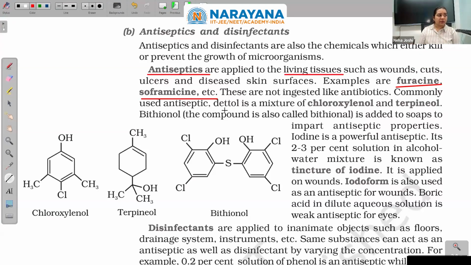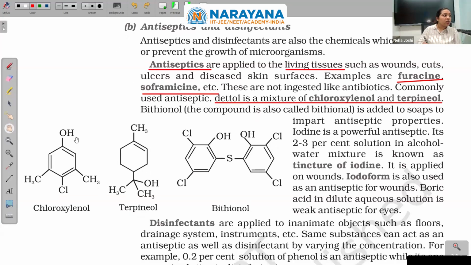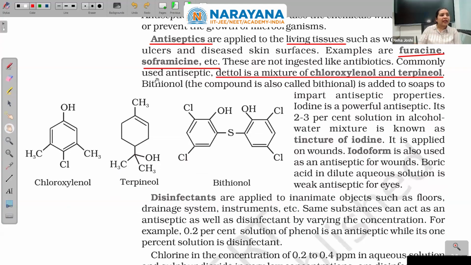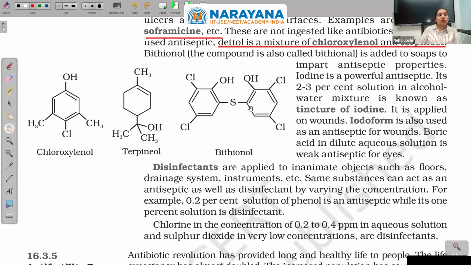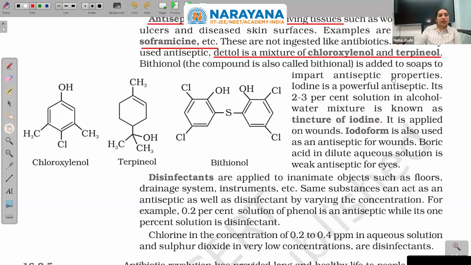A commonly used antiseptic is Dettol. It is a mixture of chloroxylenol and terpineol. Bithionol is added to soaps to impart antiseptic properties.